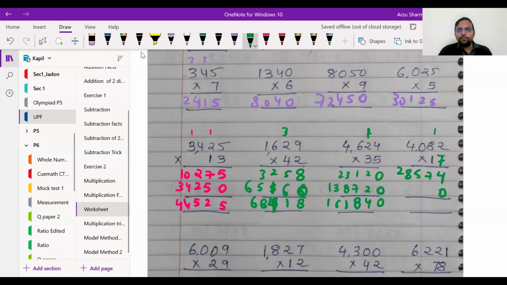Add a 0 here. Okay, Swastik, you are still on this one.